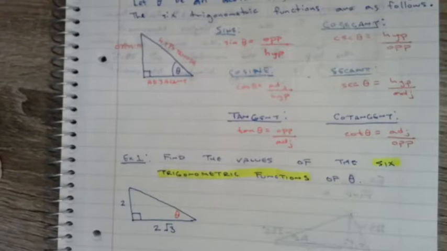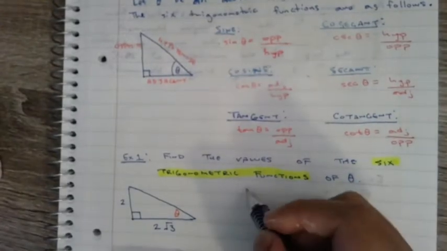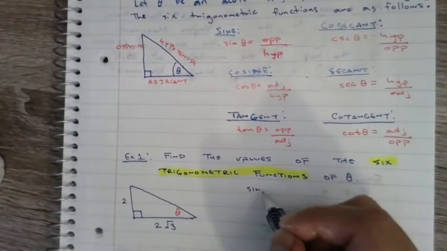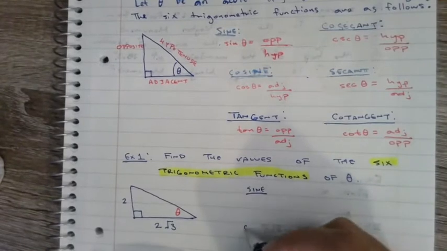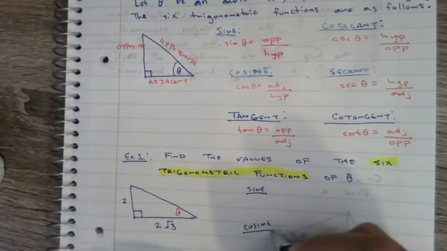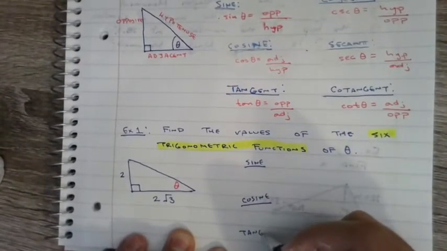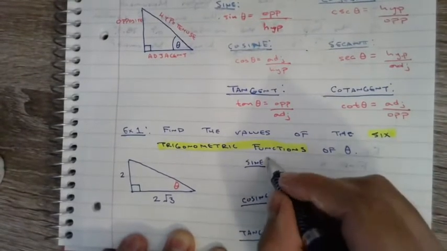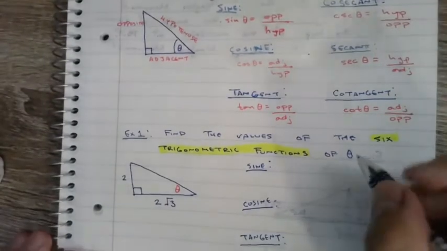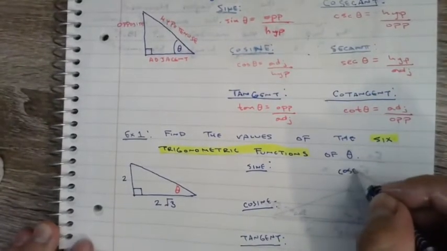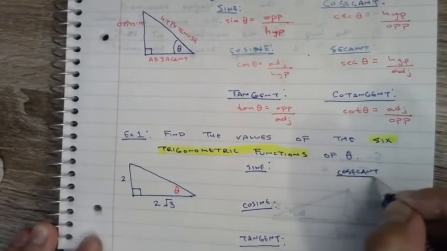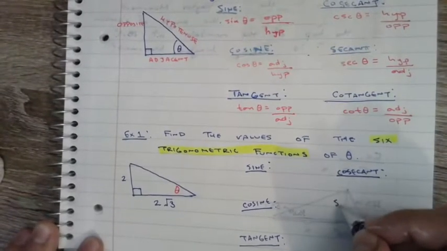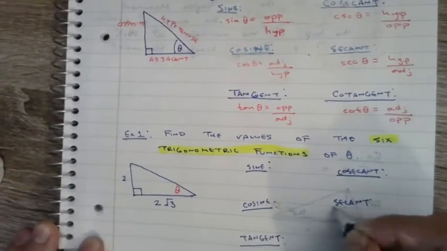First we must find, I'm going to write this down, sine, cosine, tangent, so those are the first 3, and then the next 3 will be cosecant, secant, and cotangent.